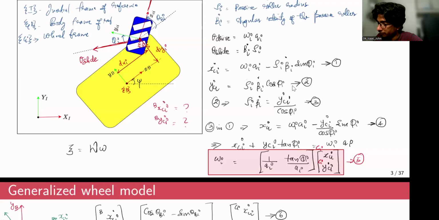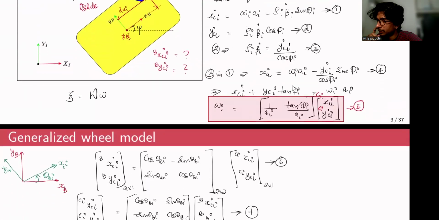So the position vector of this Ci frame with respect to the B frame is dx in the x direction and dy in the y direction. So the velocity of this point C would be r cross f, right? If you write it in vector form, the velocity of the point Ci with respect to B would be the position vector cross the angular velocity, or angular velocity cross that position vector.